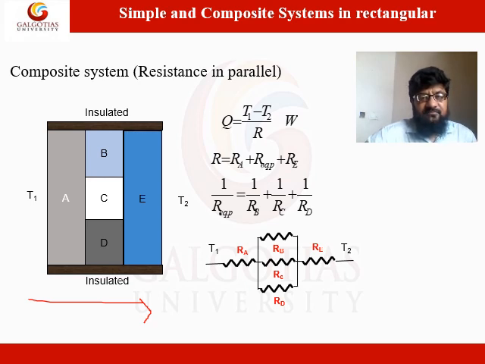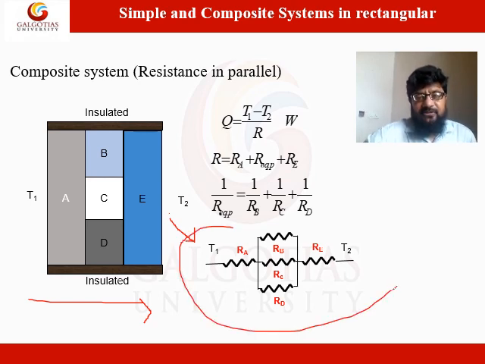This system can be transformed into an electrical network where RB, RC and RD will be in parallel because they experience the same temperature difference. By calculating the equivalent thermal resistance of the system, we can calculate the total heat transfer rate through the system. As we know, the temperatures at the left and right side are known.